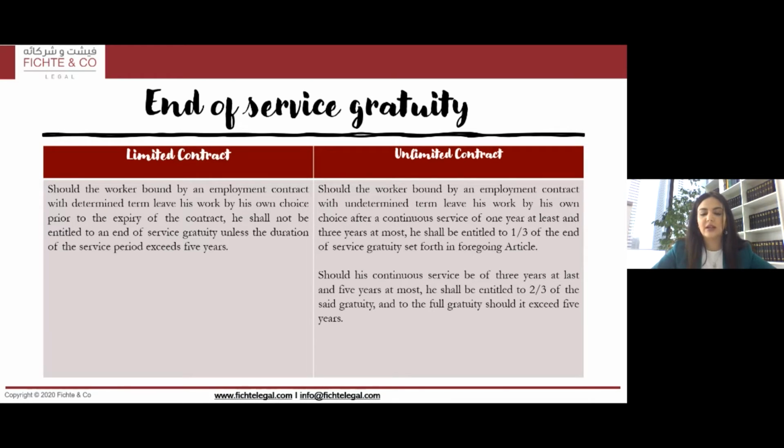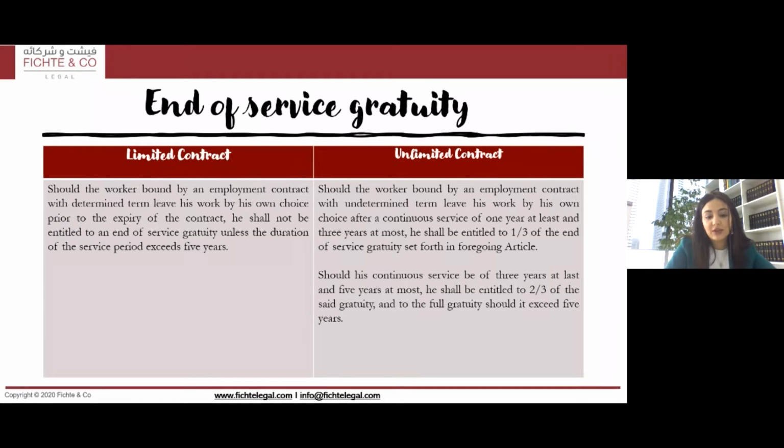And for unlimited contracts, when a worker terminates the contract by his choice, the end of service gratuity is calculated again if the employer has 1 year experience in that company. So if this is unlimited contract, it's calculated in the following manner.